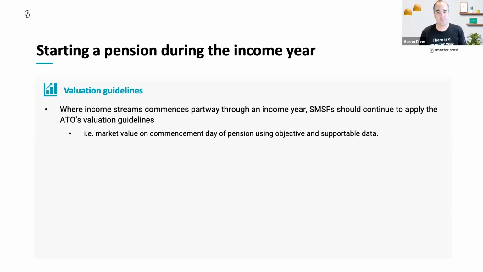Because where an income stream commences partway through an income year, we need to continue to use the valuation guidelines, i.e. market value on the commencement date of a pension using that objective and supportable data.